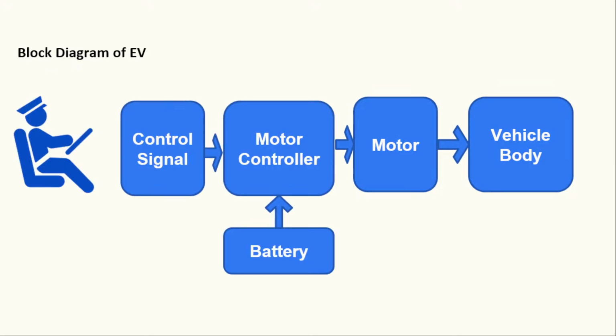So just observe the block diagram. By using this block diagram, you already observed outside, on the roadside, how the vehicles are moving forward. So clearly observe the block diagram.